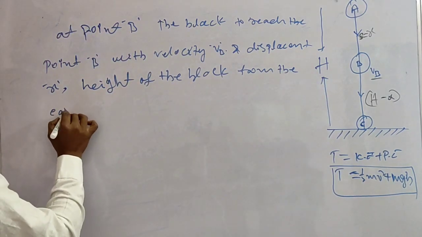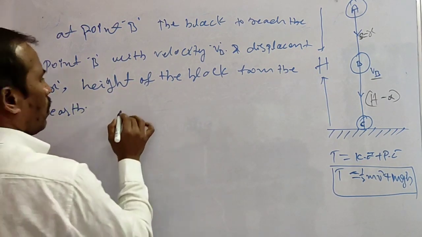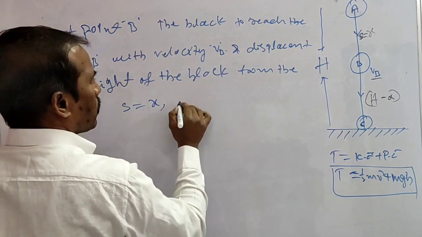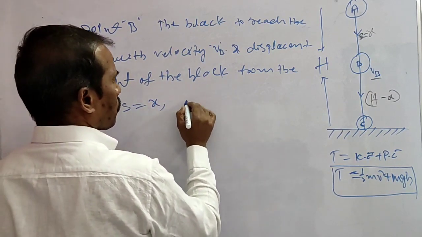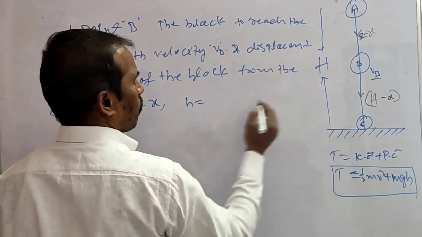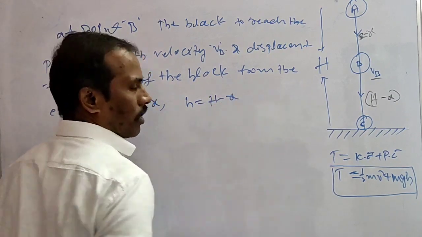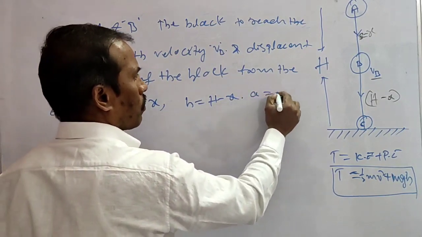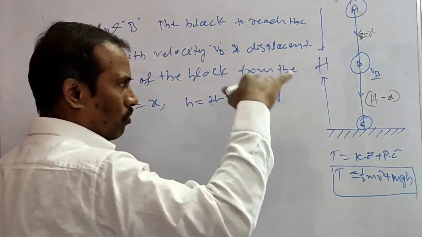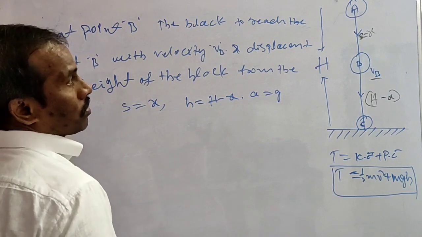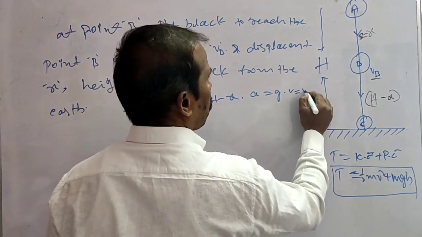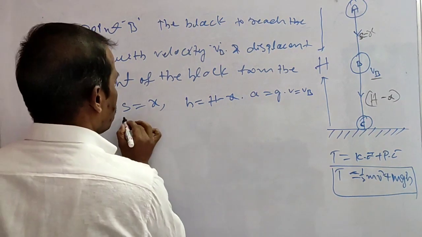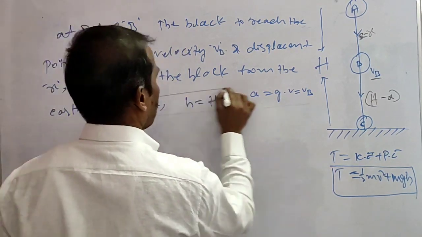That means s is equal to x, height is h minus x, acceleration is a equal to g in the downwards direction, and v is equal to vb. These terms are very important.